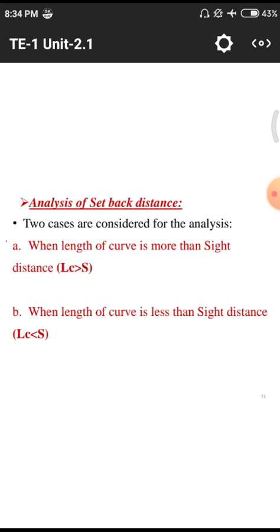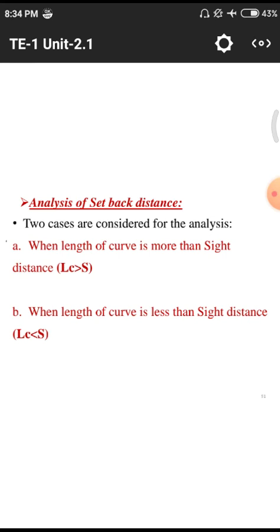Now the analysis of setback distances: different principles are involved in analyzing these setback distances, because we have a particular length of the curve. Simply constructing a road with a horizontal curve is not enough.